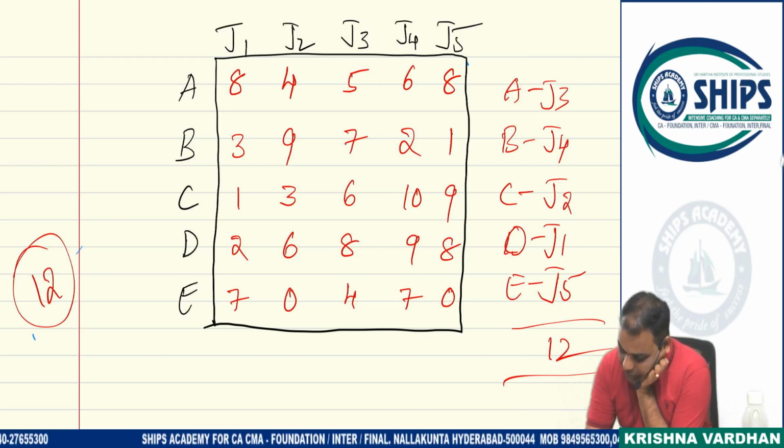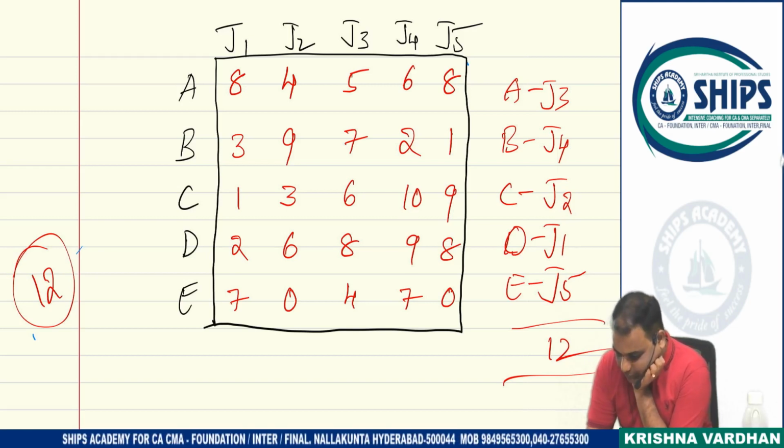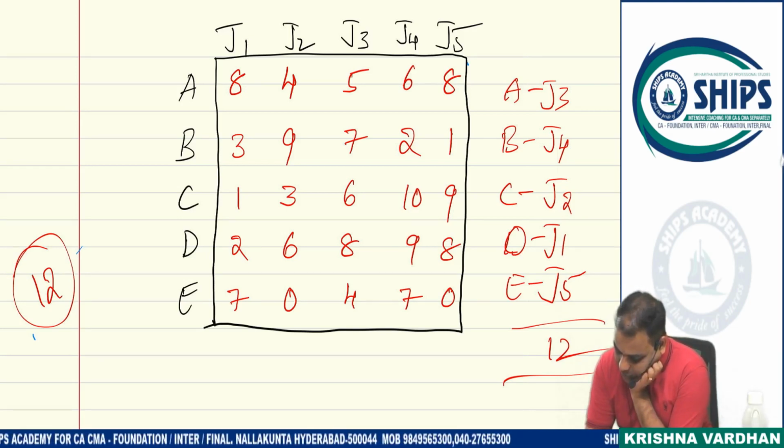1, 2, 3, 4, 5. 1, 2, 3, 4. Now circle. 2 zeros, 2 zeros, 2 zeros, single zero. Select, cross. Then 2 zeros, skip. 2 zeros, skip, skip. Select, cross, cross. Single zero.